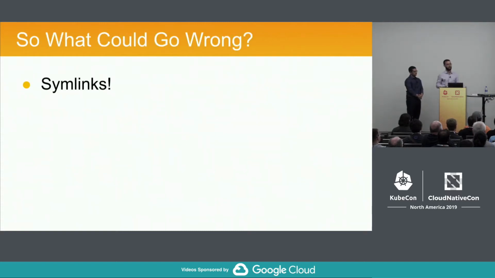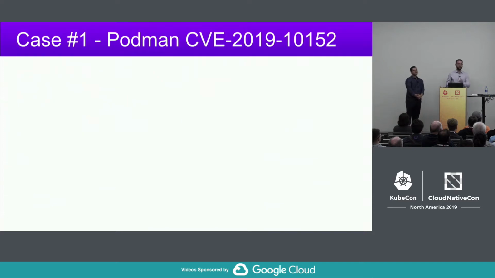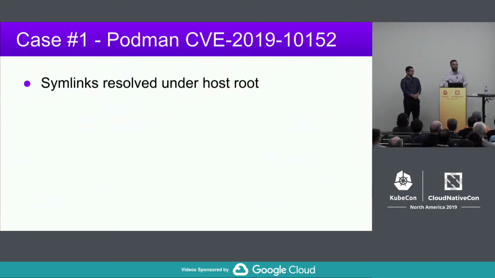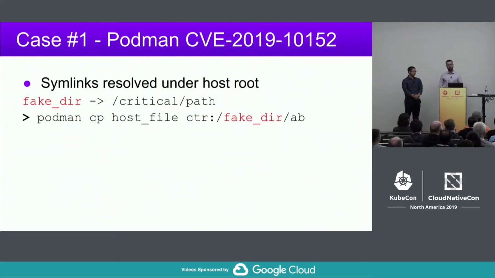So that's pretty straightforward. What could go wrong here? Well, symlinks. So this is the first CVE we'll talk about today. And the problem was that symlinks in podman were resolved under the host root. So let's look at an example. Let's say we have an attacker-controlled container, which has a symlink inside it called fake dir. And then a podman user does something like podman cp host file to a path that contains this symlink.